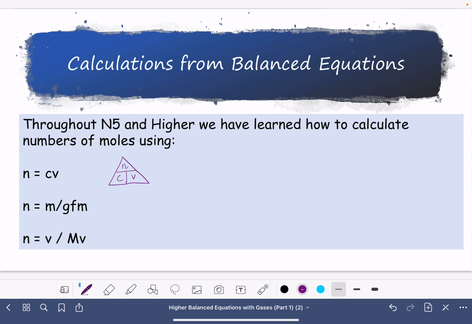So if we want to know concentration, we would do number of moles divided by volume and so on. We should also be able to calculate number of moles from mass divided by the gram formula mass. So that one looks like this. Number of moles is the mass divided by the gram formula mass. And then number of moles is volume divided by the molar volume.